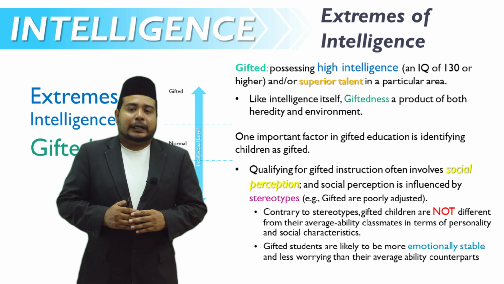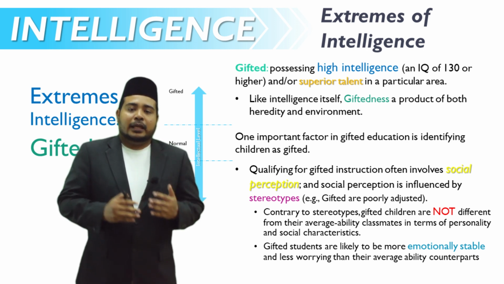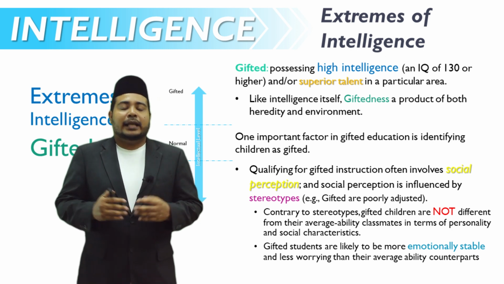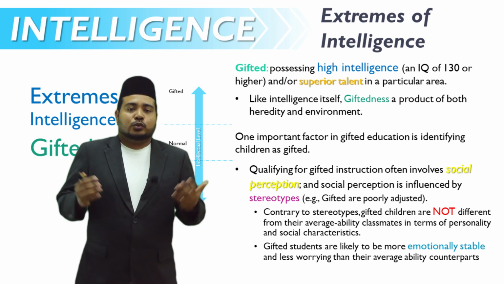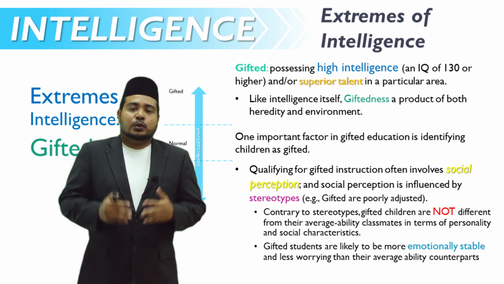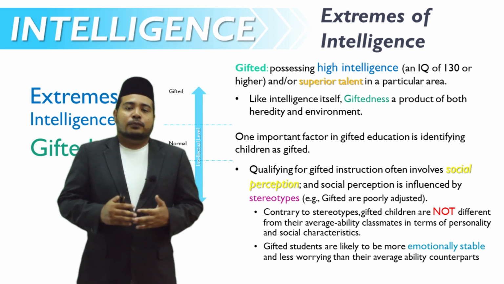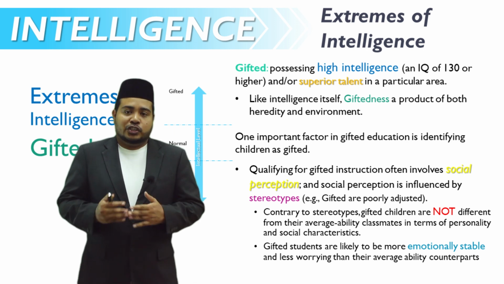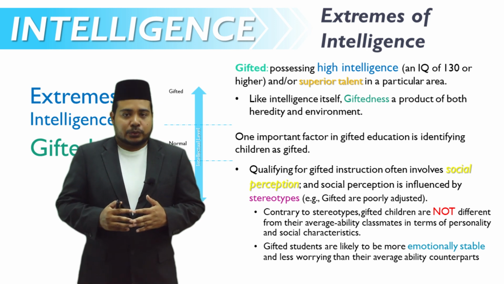One important factor in gifted education is identifying children as gifted. How can we identify people who have gifted intellectual ability, or in this case, a higher IQ score? Qualifying for gifted instruction usually involves social perception, and when it involves social perception, this is usually influenced by stereotypes.